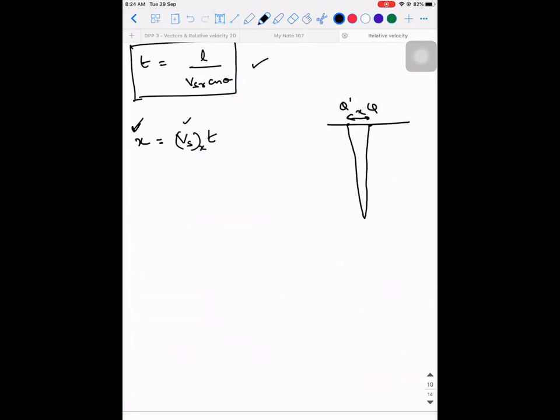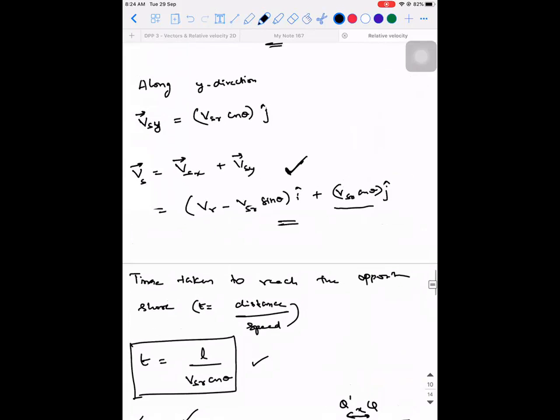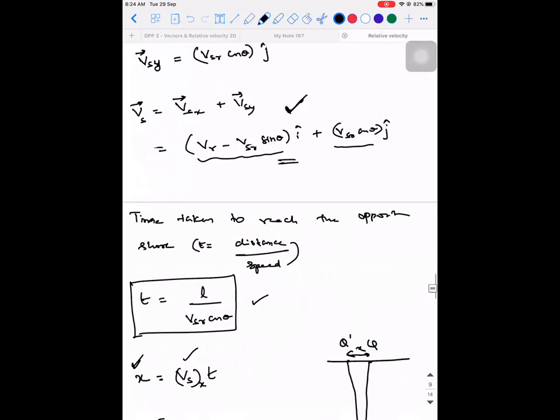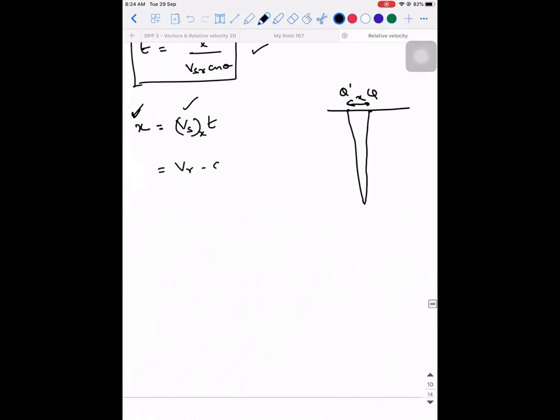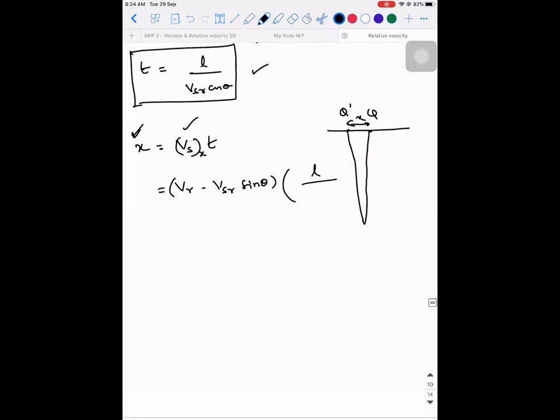That is why I took the velocity of the swimmer along x direction. So what is the velocity of swimmer along x direction? It is VR minus VSR sin theta, multiplied with, what is the time, guys? Time is L divided by VSR cos theta. So this is going to be the drift.